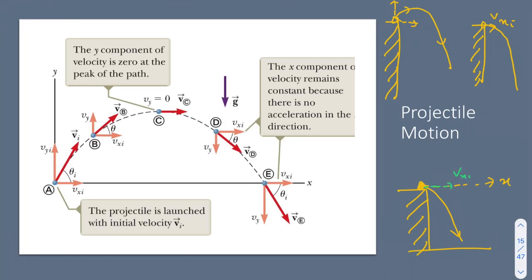Here Vy initial has a negative sign because it has a direction downwards. For the Vx initial, it's positive. How about Vy initial? 0, because the motion initially is completely horizontal. For this case, Vx initial positive, Vy initial also positive.